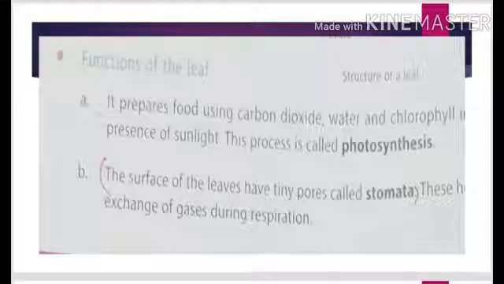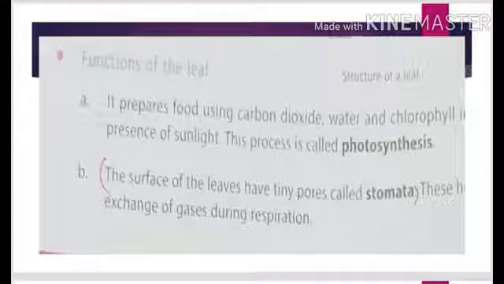Now we are going to discuss the functions of the leaf. It prepares food by using carbon dioxide, water and minerals in the presence of chlorophyll and sunlight. The whole process of preparing food is known as photosynthesis.